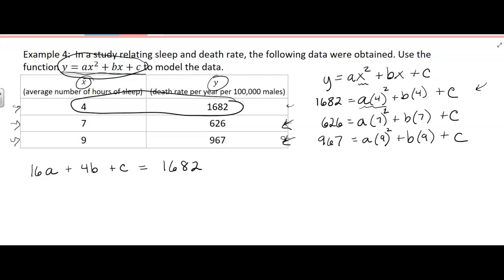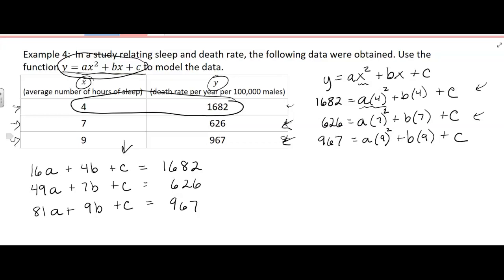Then I'll do a similar thing for the middle equation: 49A, because I have to square the 7, plus 7B plus C equals 626. And the third equation, I'm going to have 81A plus 9B plus C equals 967.